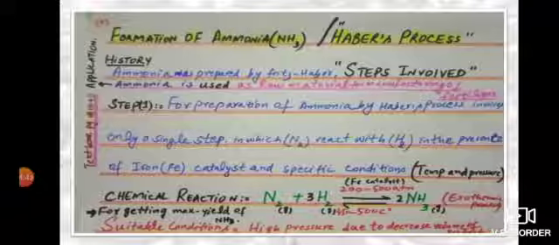So, girls, as I have told you, maximum yield of ammonia is best from the economic point of view. If we get more yield of ammonia, it will benefit our economy. For observing the preparation of ammonia and its different industrial applications, one application which I have written above is that ammonia is used as a raw material for the manufacture of different fertilizers.